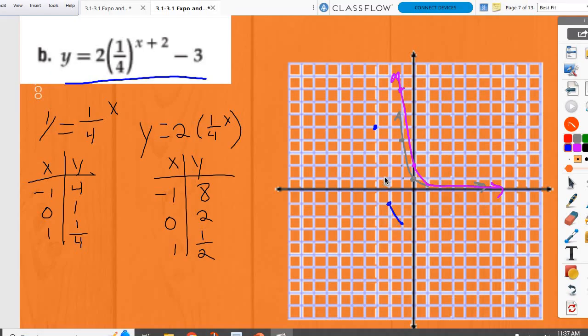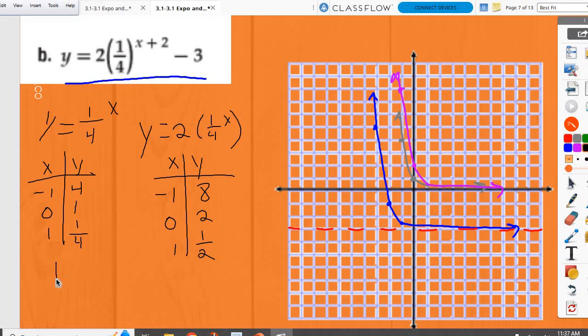So we should end up with something like that. Now do notice that since we have shifted everything down 3, that also includes our asymptote. So instead of getting closer and closer to 0, we're now getting closer and closer to -3.